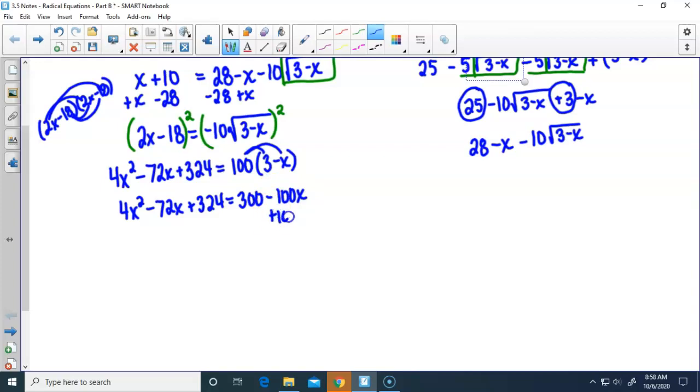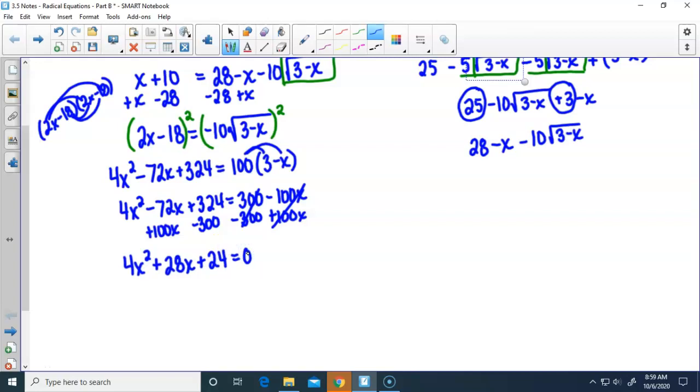So I'm going to add 100x here to move that 100x to the left side. I'm also going to subtract my 300 to move my 300 to the left-hand side. So I will get 4x squared plus 28x plus 24 equals 0.